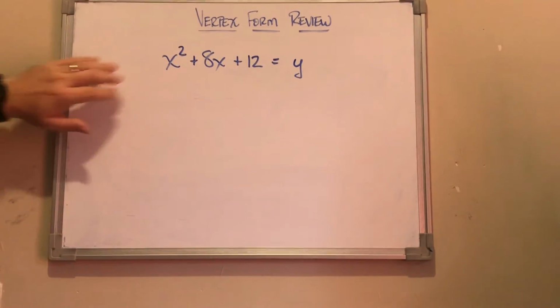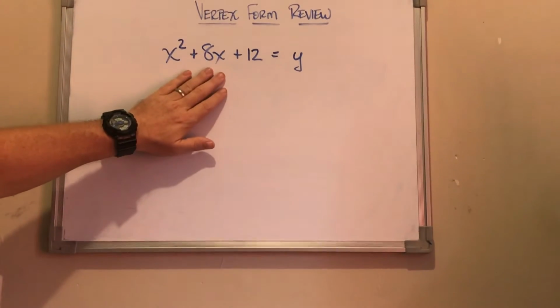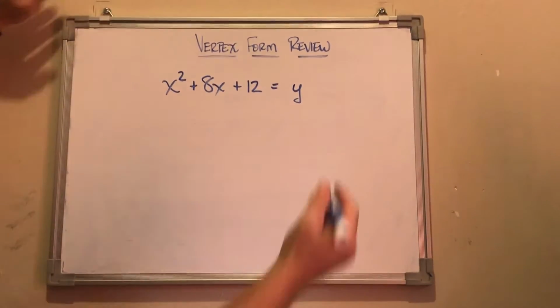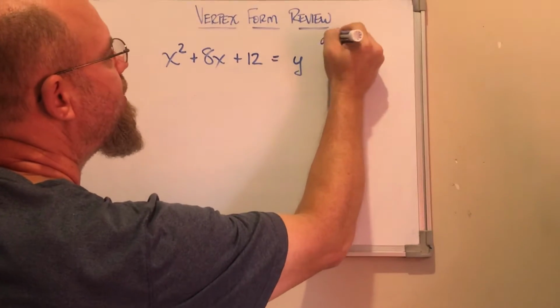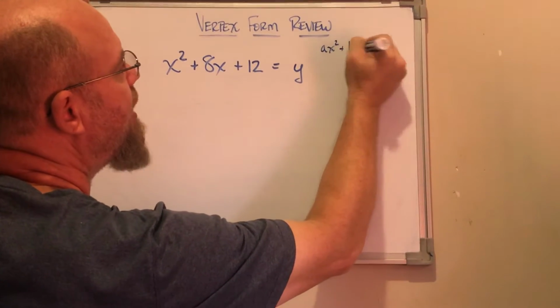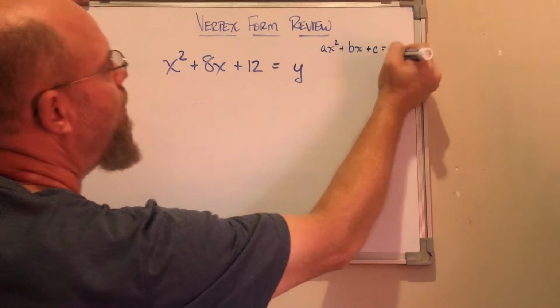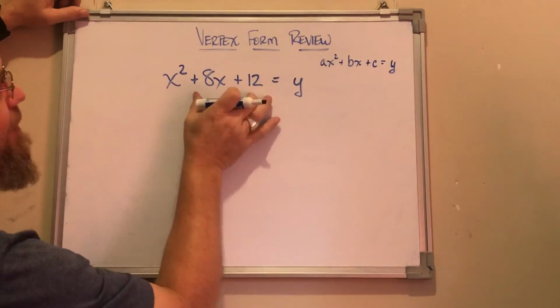This is a standard quadratic equation, which is a times x squared plus b times x plus c equals y, and this has that same form.